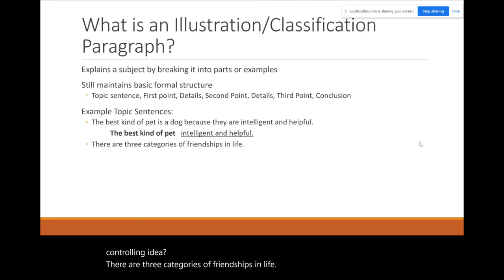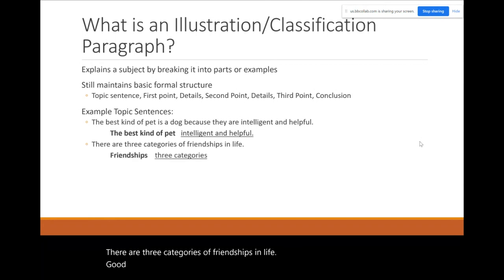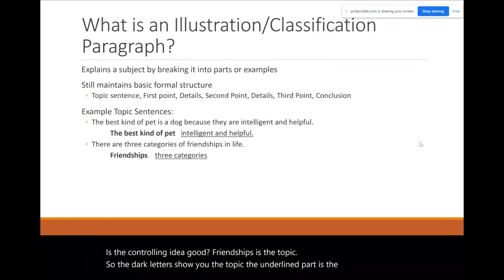Friendships in life is the topic, and the controlling idea is there are 3 categories. Good. 3 categories is the controlling idea. Good. Friendships is the topic. So the dark letters show you the topic. The underlined part is the controlling idea.